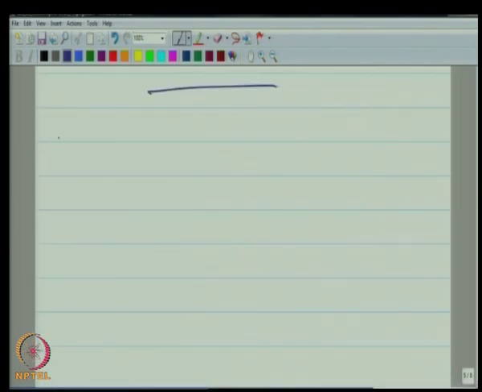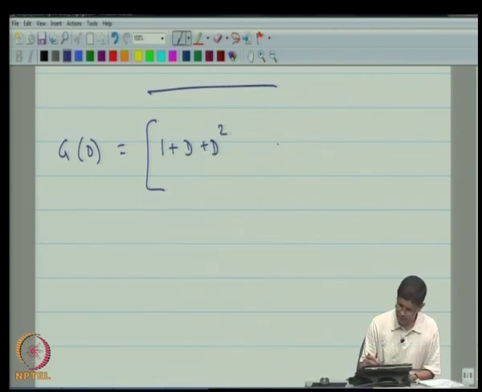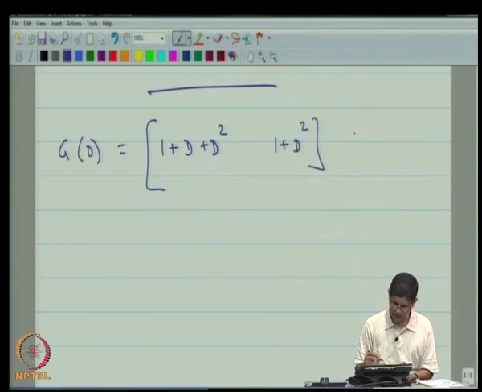So, consider the following generator matrices. Okay. If you consider G of D, which was our older encoder corresponding to 1 plus D squared, 1 plus D squared, it turns out that this does not have catastrophic error propagation.